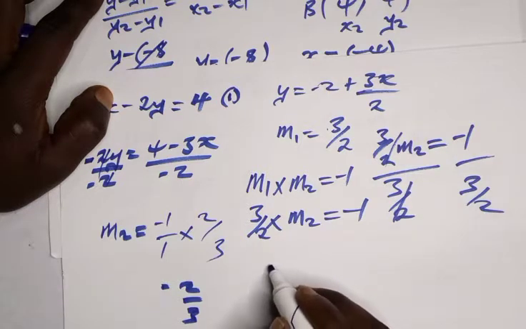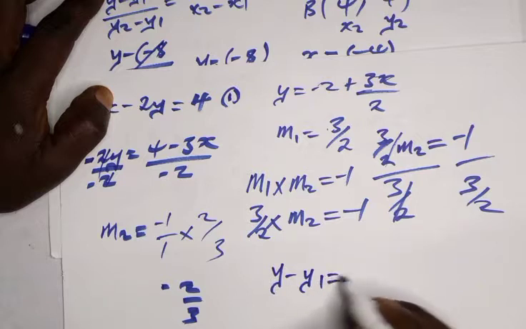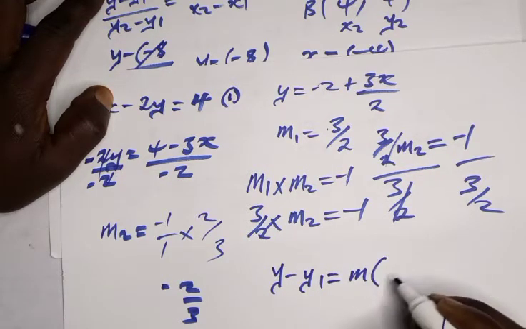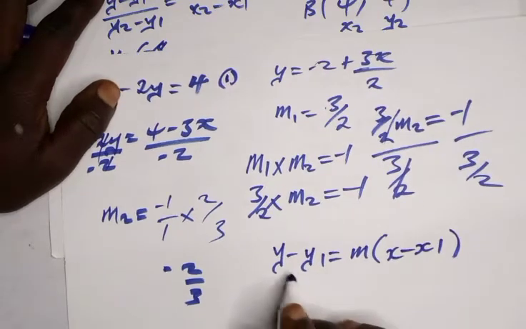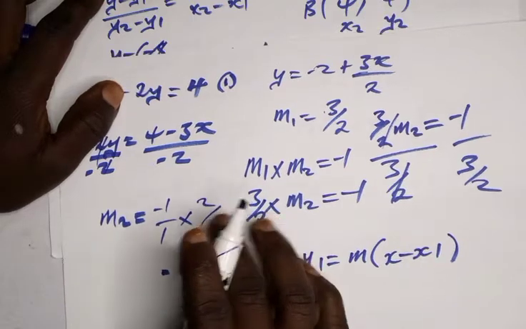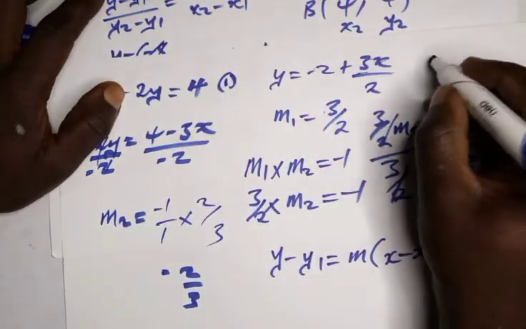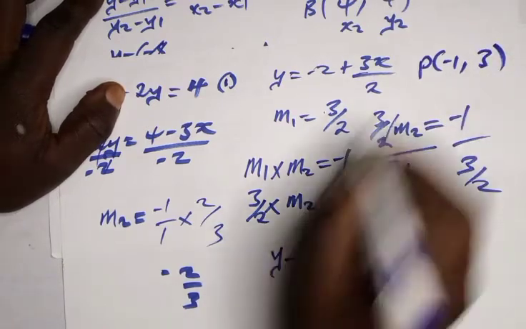The equation will be, we are going to use this equation, y minus y1 equals m open x minus x1, because here we have been given one point, the point P, it is minus 1, 3. So let's substitute.